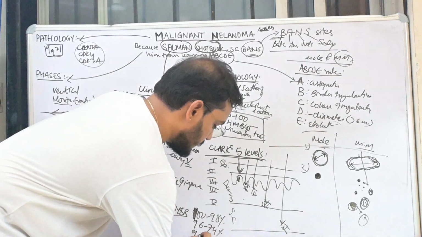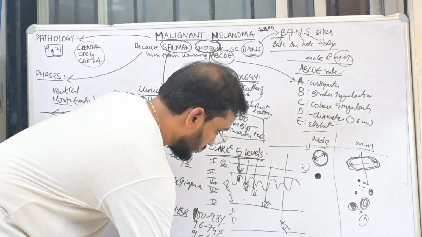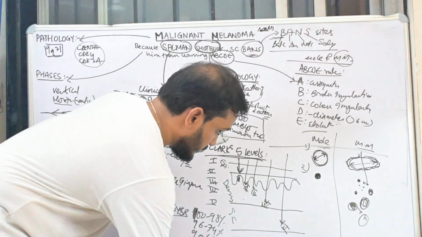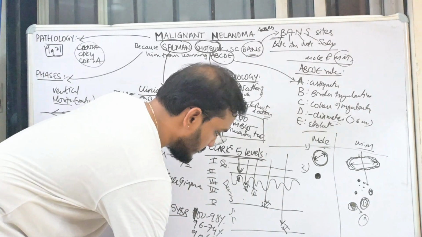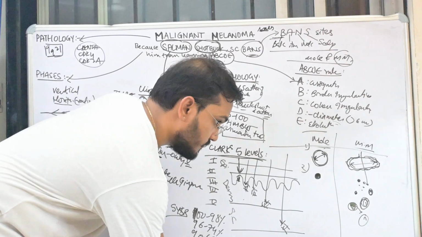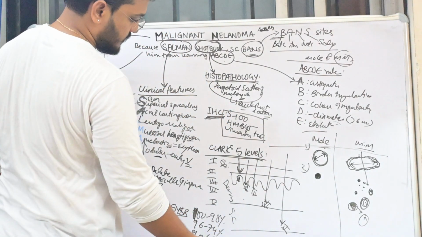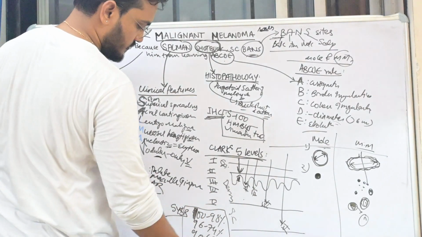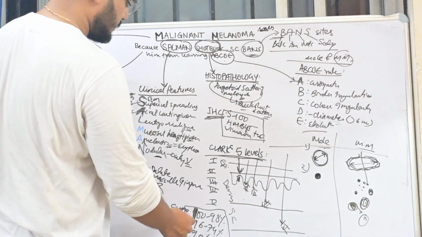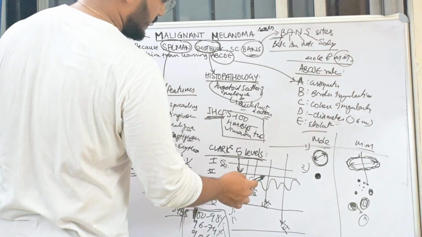Level 3 is 90 to 46%. Level 4 is 67 to 31%. And level 5 is 48 to 12%. Okay, I have to look in my book for this because I can't remember these percentages. So these are all 5-year survival rates.